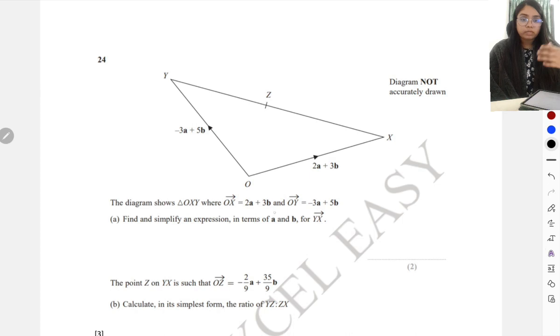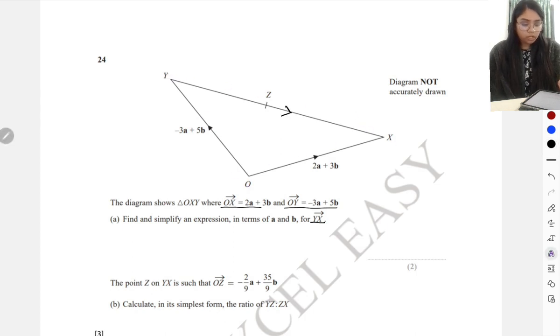So let's start. They have provided you with OX and OY, and in part a, they are asking you to find and simplify an expression in terms of a and b for YX. Now, we're obviously going to use the triangular method over here, right? In order to solve YX, I can just draw over here that these are the actual directions.